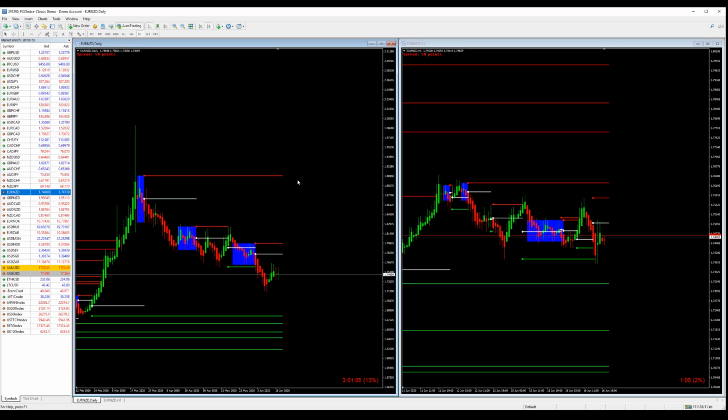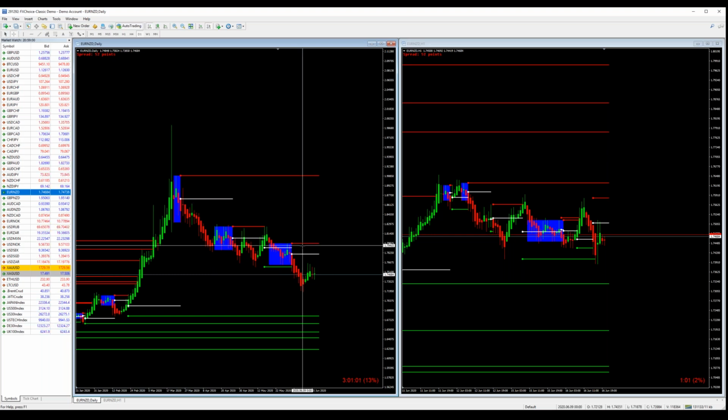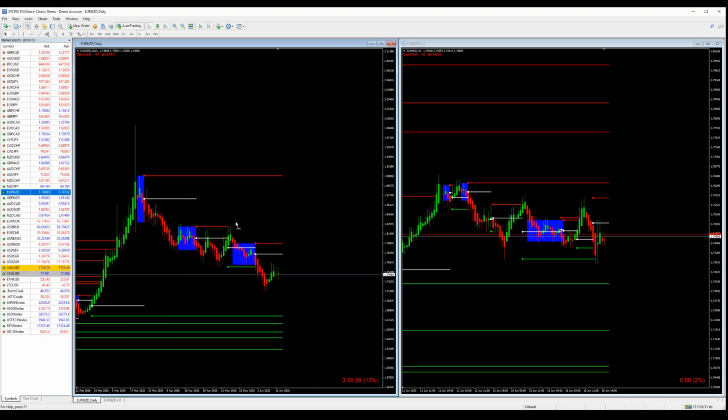Okay, so we got some stuff going on here. So what's the situation here? If you're trading the hour into the daily, we had this run down on the daily. We've pushed up. We've had one daily candle go red, and now we're green.